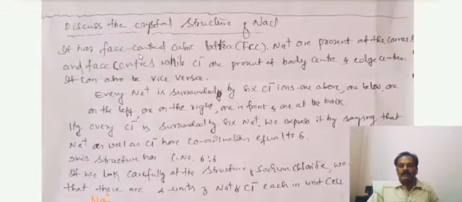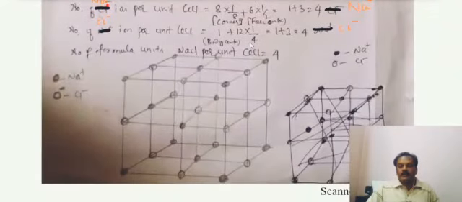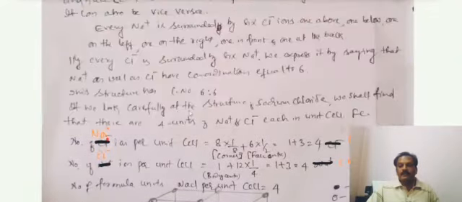A cubic system has 8 corners, and the FCC, face centered cubic lattice, has 8 corner particles and 6 face particles. The contribution of corner particles to each unit cell is 8 into 1/8, plus the contribution of the face center particles per unit cell, 6 into 1/2.